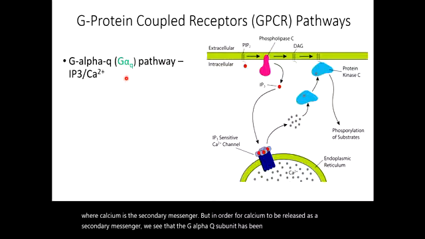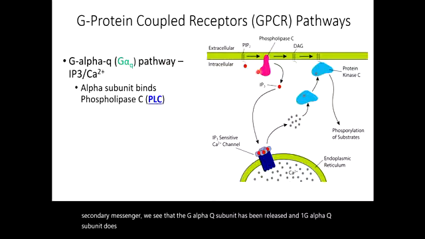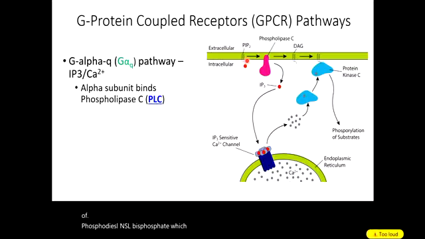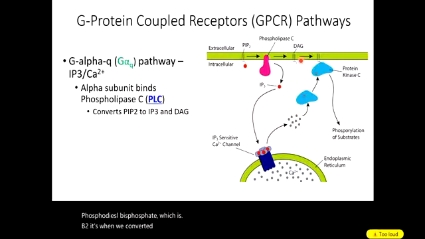And what the G-alpha Q subunit does is it's going to bind to phospholipase C, and this will help in the conversion of phosphatidylinositol bisphosphate, which is abbreviated as PIP2. It's going to be converted into diacylglycerol and also inositol triphosphate.